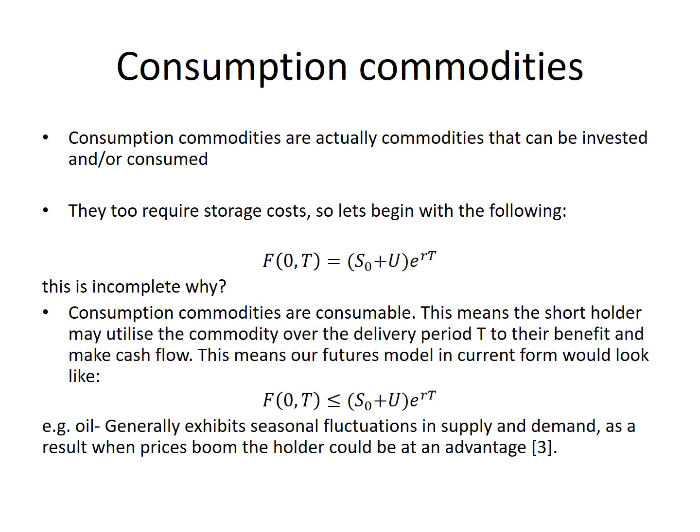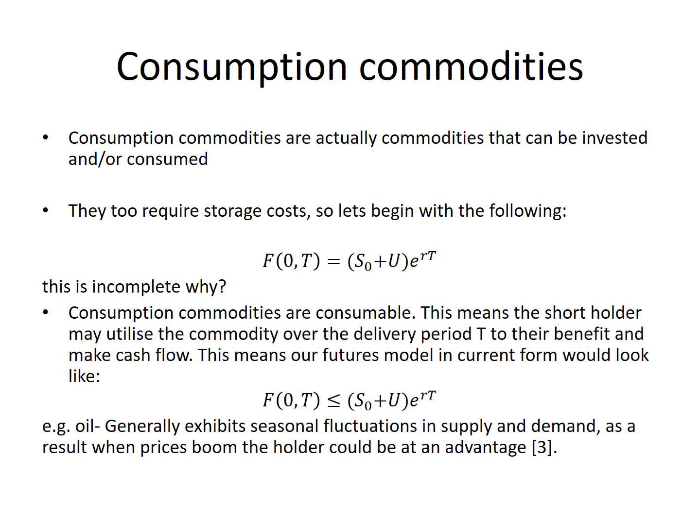Consumption commodities are consumable. So this means a short holder may utilize the commodity over the delivery period T to their benefit and make cash flow. This means our futures model in its current form would actually be underpriced, and so in this case it would actually benefit the short holder if we do not include some sort of convenience yield in this model, which we will get to in the next slide.